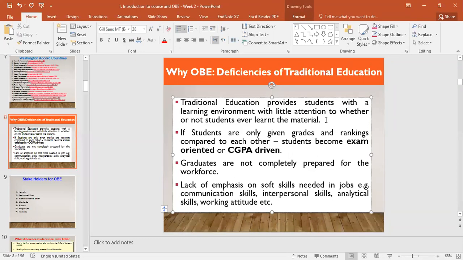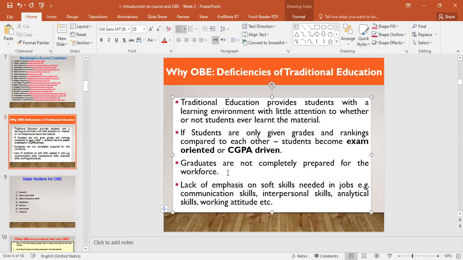Okay, so without OBE, students are only exam oriented or CGPA driven. Students try to appear only in exams that come after 2 months and at the end of the semester. But with OBE, students have to be attentive and very careful during the whole semester.